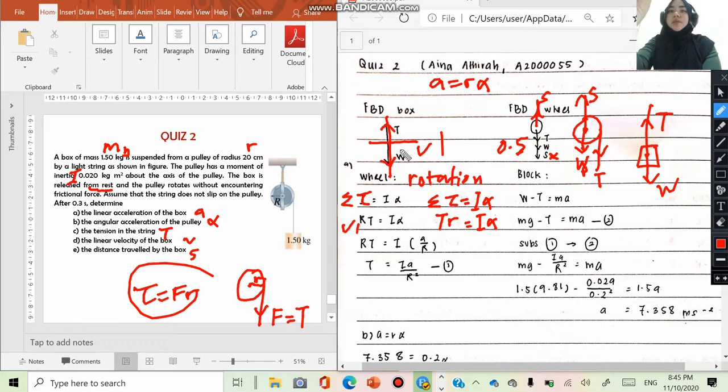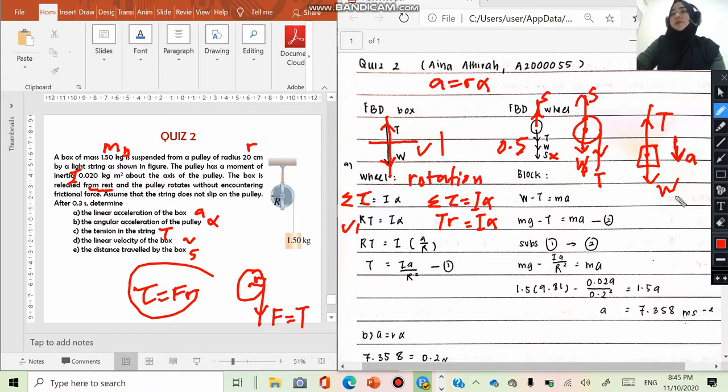Kalau kita tengok FBD Aina Athirah ataupun FBD saya ni, T ke atas, W ke bawah. Okay, ada tak acceleration? Of course lah ada. Dia suruh cari linear acceleration kan? But you can guess mana acceleration dia. Acceleration of course pergi ke bawah kan? Sebab dia turun ke bawah. Betul? So, bila acceleration ke bawah, okay, antara T dengan W, siapa yang lebih positif?